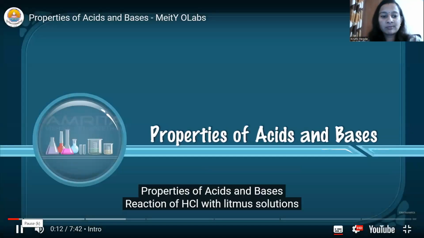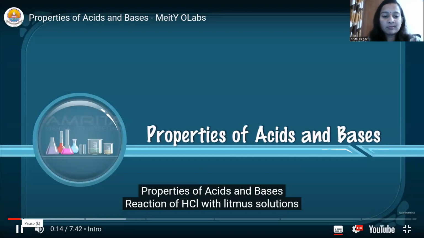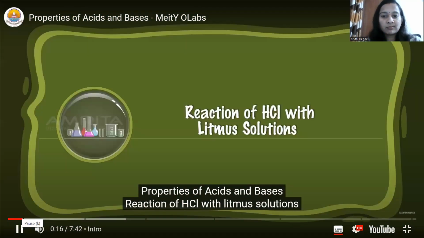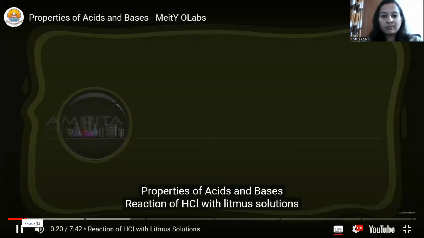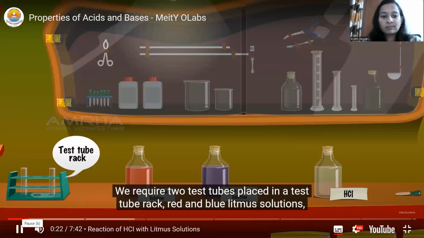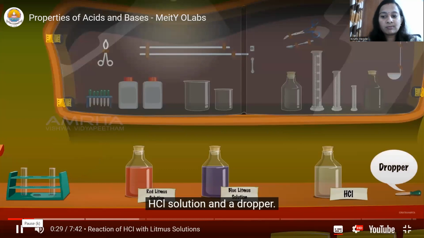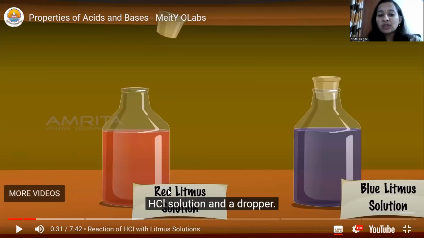Properties of acids and bases. Reaction of HCl with litmus solutions. We require 2 test tubes placed in a test tube rack, red and blue litmus solutions, HCl solution and a dropper. Dear children, instead of red litmus solution and blue litmus solution, we can also use red litmus paper and blue litmus paper.